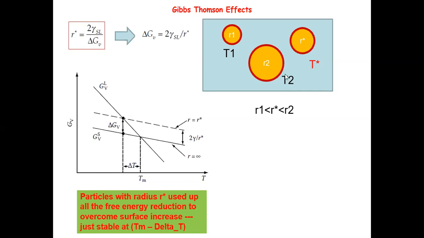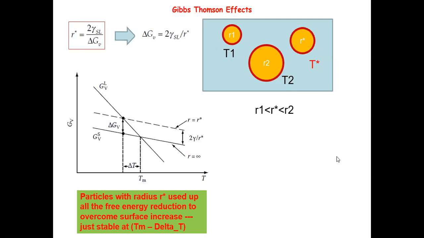So for each radius R, you can find an effective melting temperature. When I have this R star, I know the effective melting temperature is simply T star, because delta T is the associated supercooling required to overcome the increase of the interface energy. And for these two, I can do the same thing. When you plug in the calculation, you're going to find a different delta T, so a different temperature deviating from Tm. So I have this for T2 and I have this for T1.